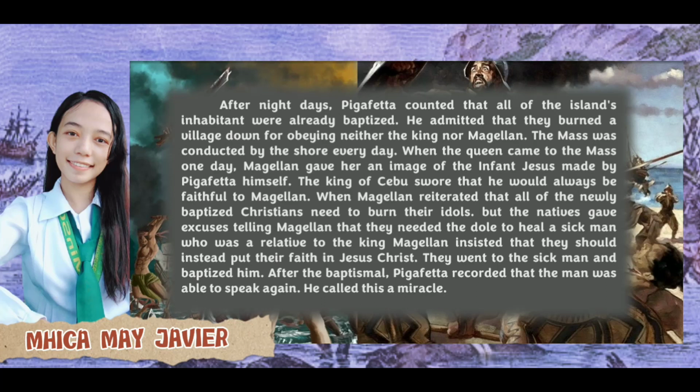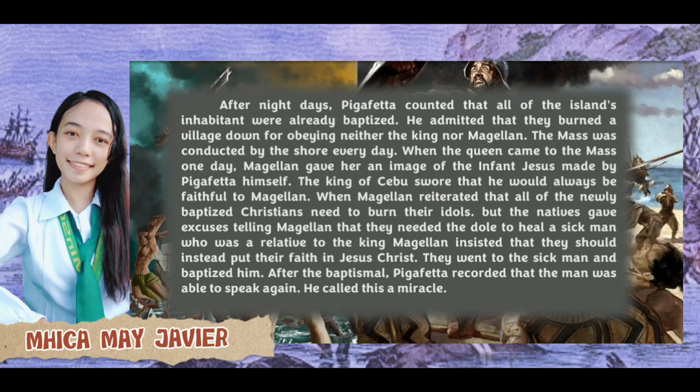When the queen came to the mass one day, Magellan gave her an image of an infant Jesus, made by Pigafetta himself. The king of Cebu swore that he would always be faithful to Magellan. When Magellan reiterated that all of the newly baptized Christians need to burn their idols, the natives gave excuses, telling Magellan that they needed the idols to heal a sick man who was a relative of the king.